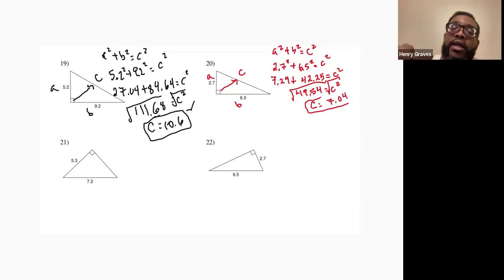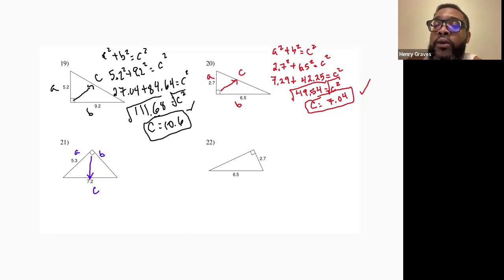Then on these last ones, they give us the C, making this my A and my B respectively. So we're going to have A squared plus B squared equals C squared. We have 5.3 squared plus B squared is equal to 7.2 squared.